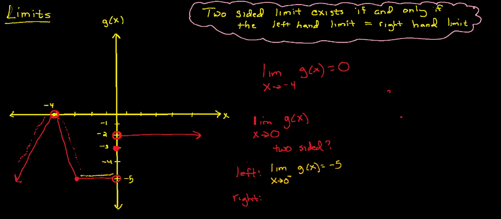On the other hand, if I come in from the right and I'm headed towards x equals 0, my y coordinate is trending towards y equals -2. These two values are not equal, so the two-sided limit does not exist. So I'm going to write DNE for does not exist.